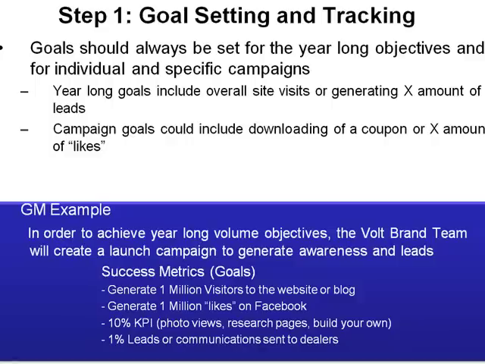And did any of the customers build their own Volt, which is one of the tools that is offered on the website? And the number one goal is to generate 1% of leads or communications that will be sent to General Motors dealers, which is preparing for the likelihood of a sale.